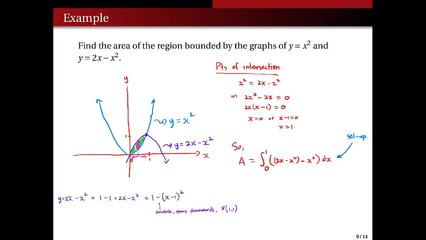You don't have to solve it because I'm just asking for the setup. In the future, I'll be asking, set up the definite integral that will give the volume.